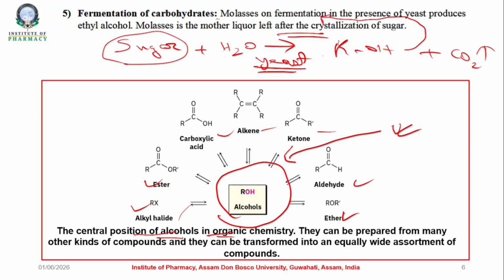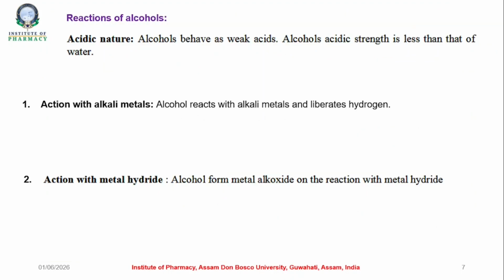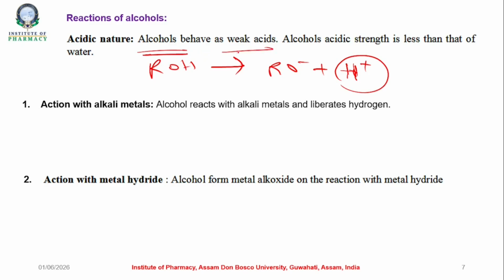So we'll proceed with some reactions of alcohol. Alcohols behave as weak acids. Acids tend to release H plus ions, and alcohols are considered as weak acids. So let's see the first reaction. The first reaction is with an alkali metal, for example sodium.